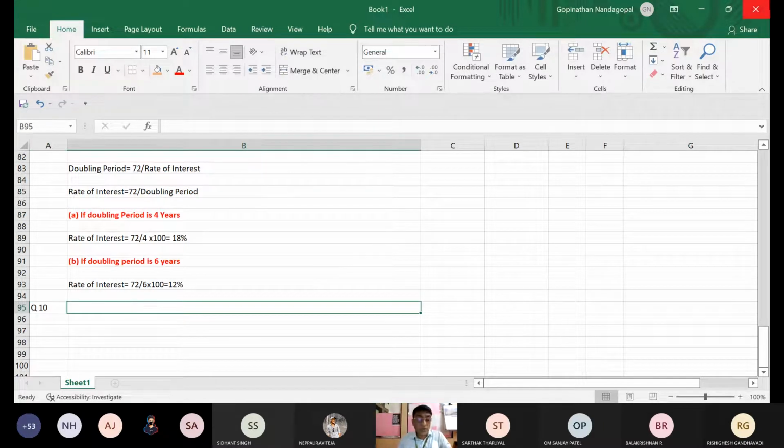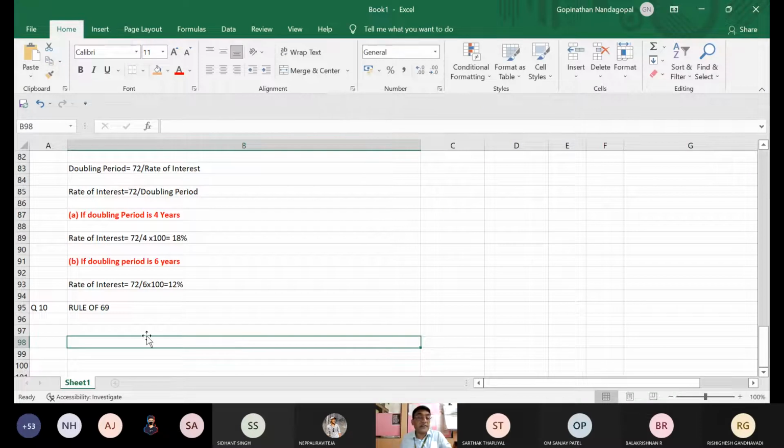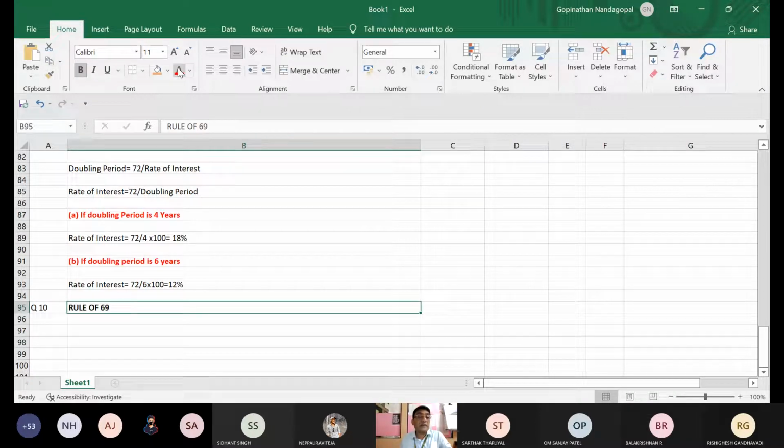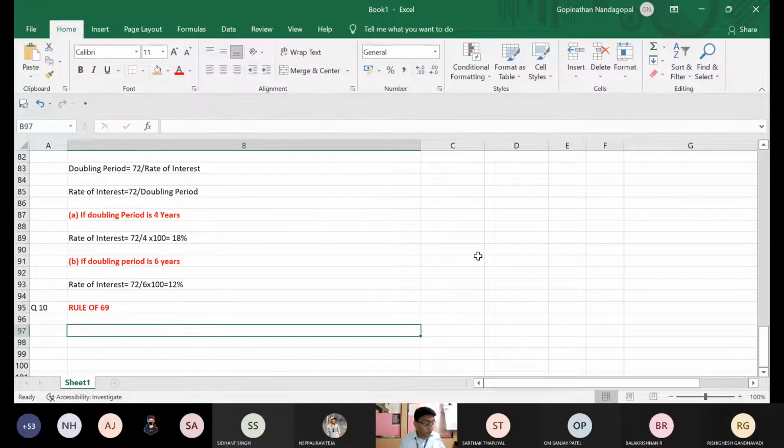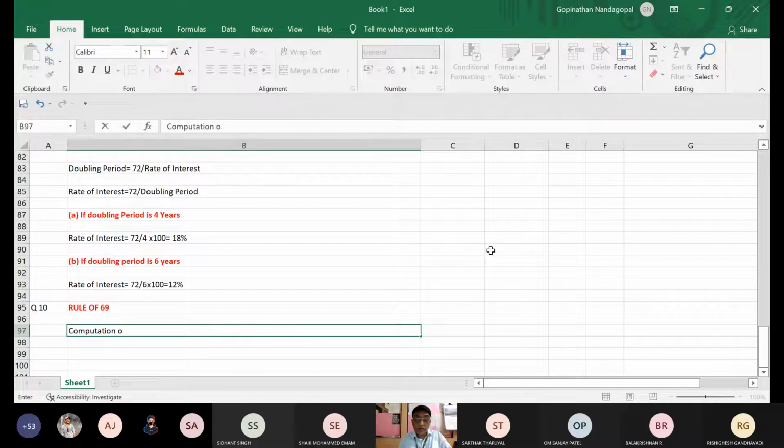So the next problem is rule of 69: computation of doubling period under rule 69.